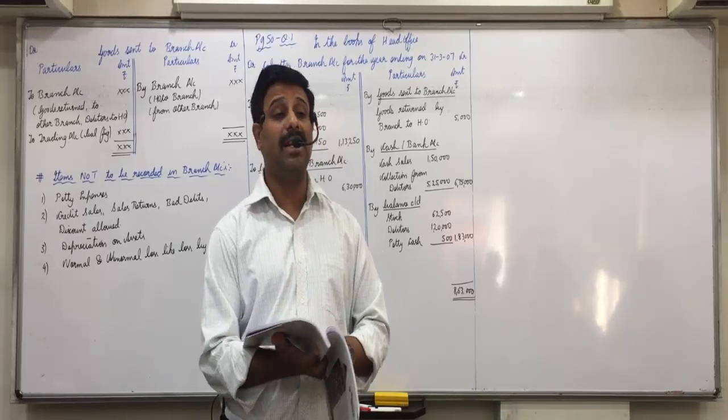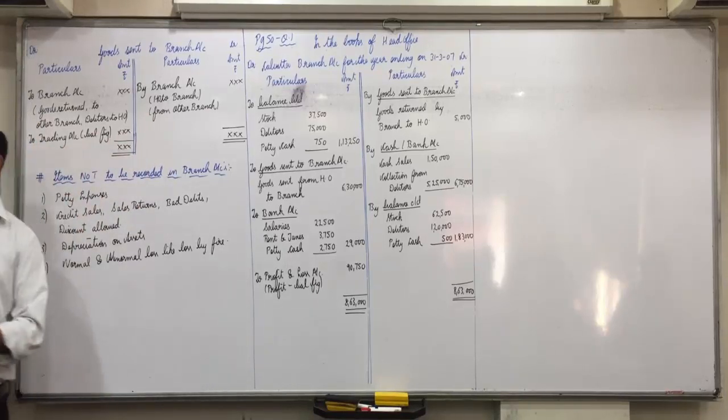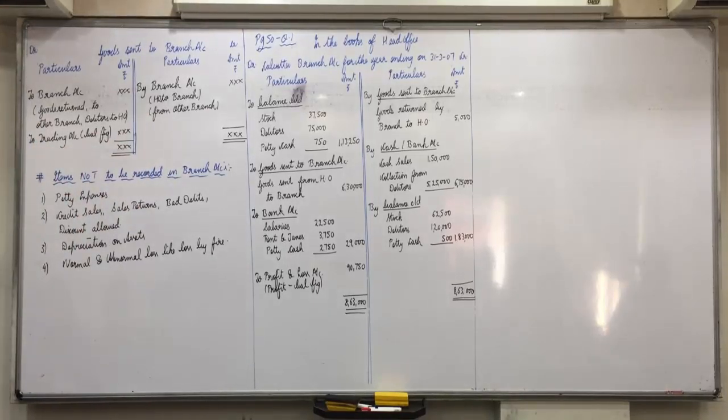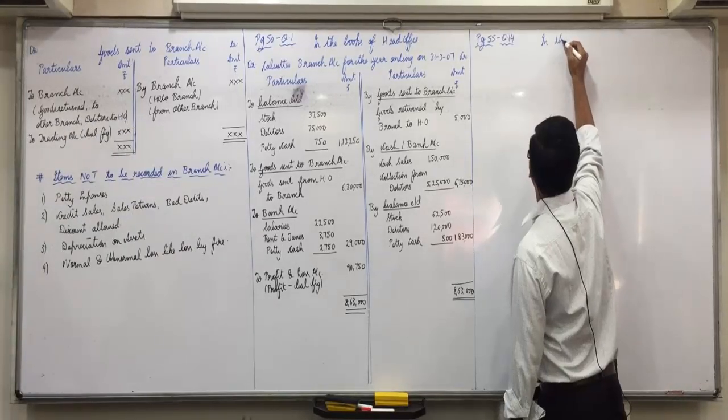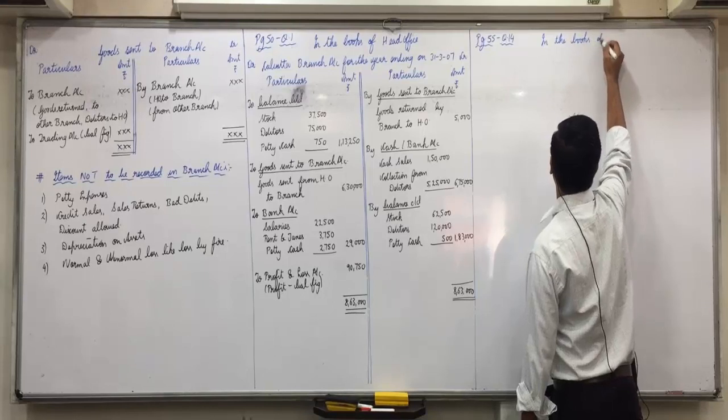So, which necessary ledger accounts will we make? Branch account as well as goods sent to branch. But one by one, first we'll make branch account. So, make the format of branch account. Question 14. In the books of Toddy Brothers, now the name of company is given.